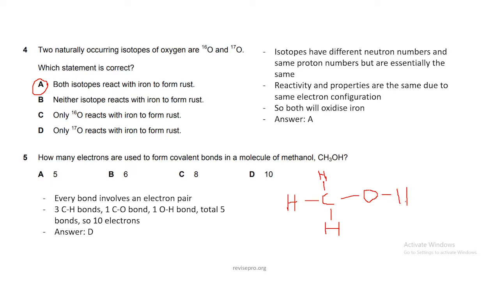Now, in this molecule, every single bond is a covalent bond, and in every covalent bond there are two electrons, or rather one electron pair. As you can see there are 5 bonds. Each bond has an electron pair. That means there are 10 electrons used to form covalent bonds in a molecule of ethanol. Your answer is going to be D.